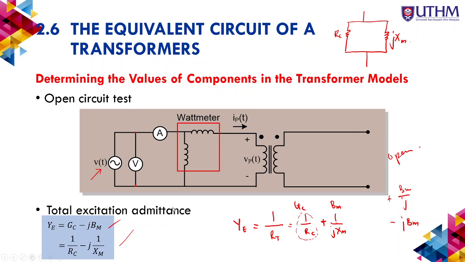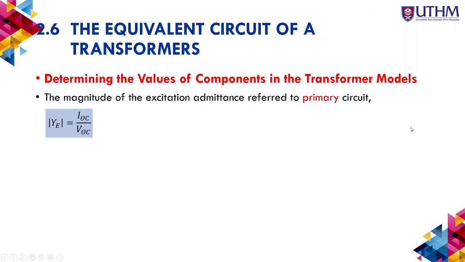So then how to measure? That is the question. How to get use of the voltmeter, wattmeter value? Okay. So in order to get the YE, we need to remember YE is 1 over R. So if you use the Ohm's law, V equal to IR.